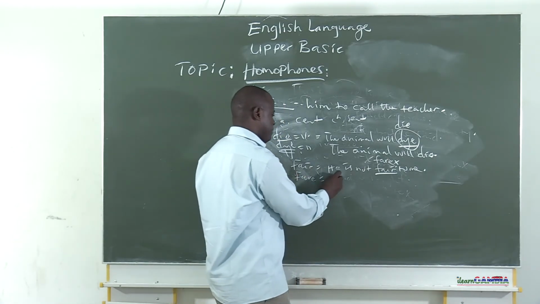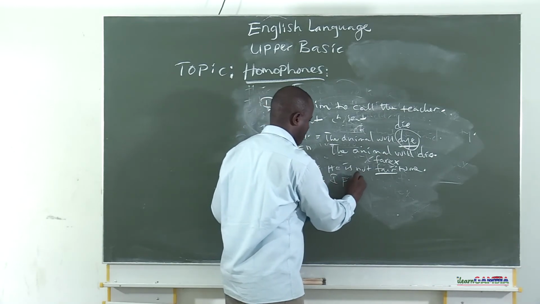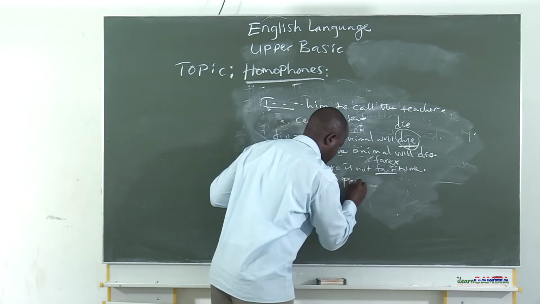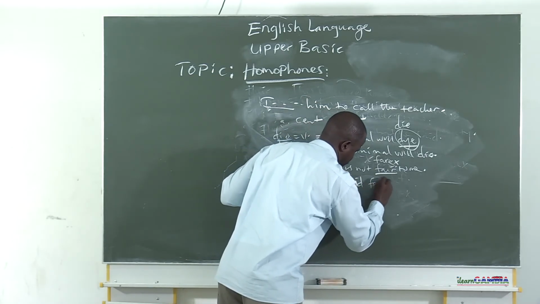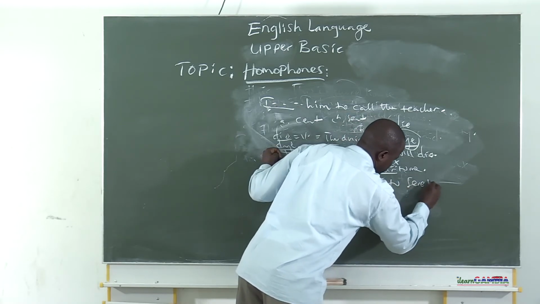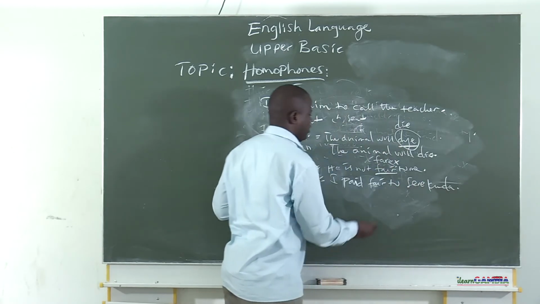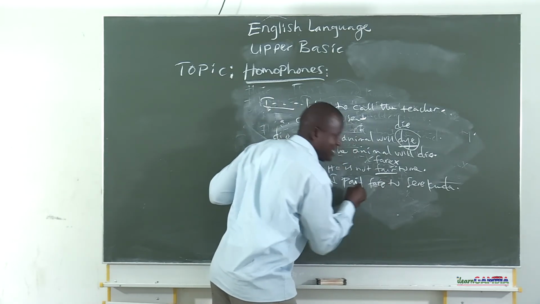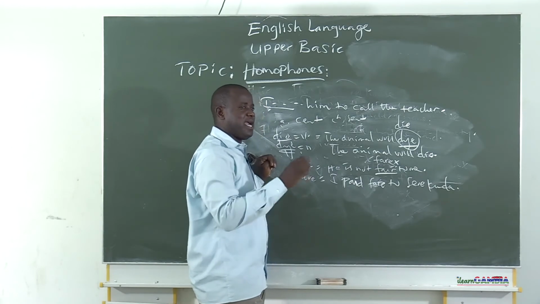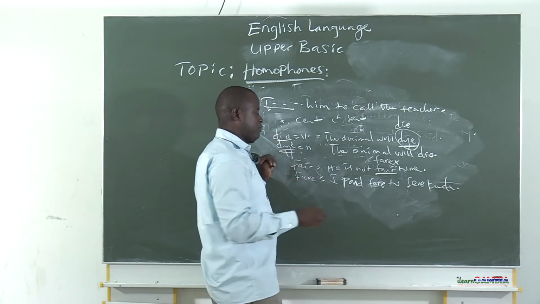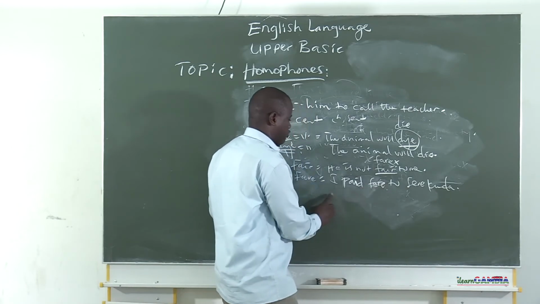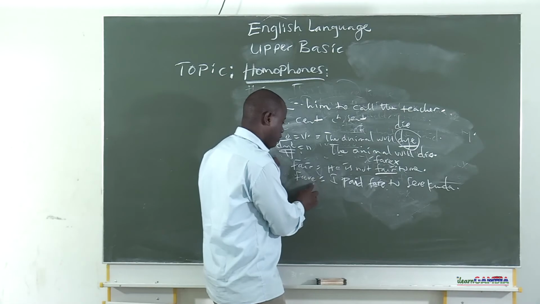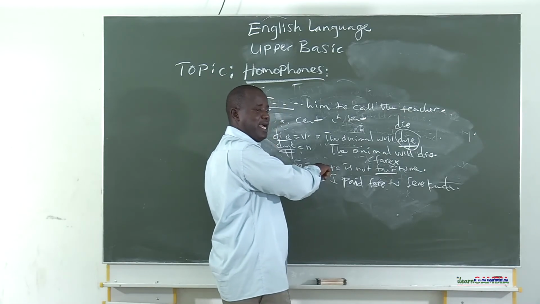When we say, I paid fare to Serekunda. Here we expect you to use F-A-R-E, not F-A-I-R. You say, I pay fare to Serekunda. So this one is a noun, and this other one is an adjective.